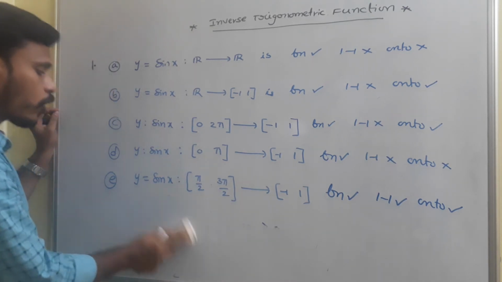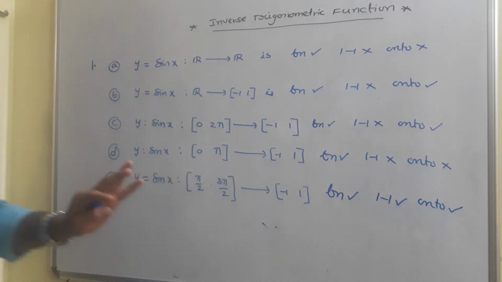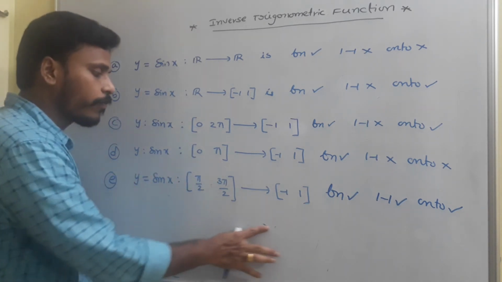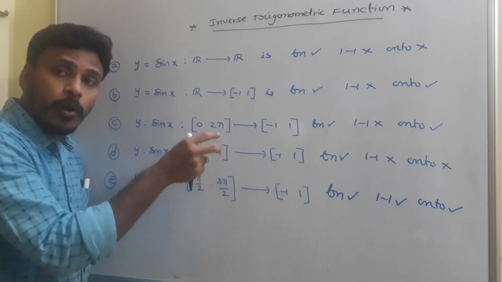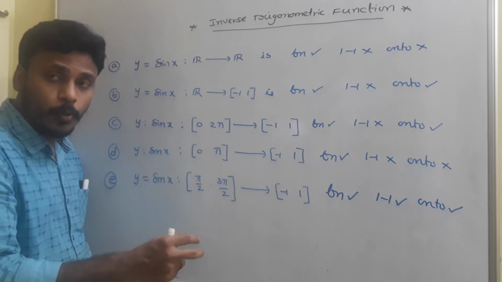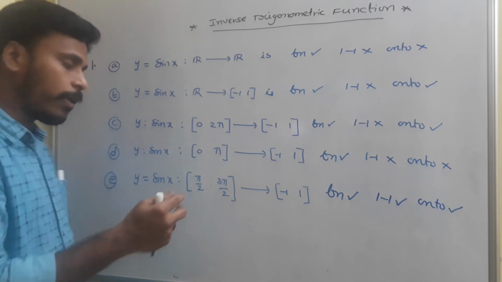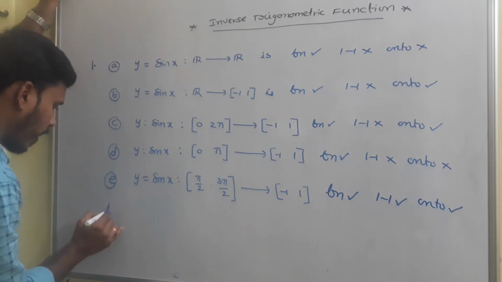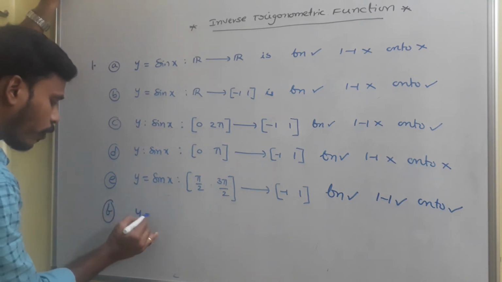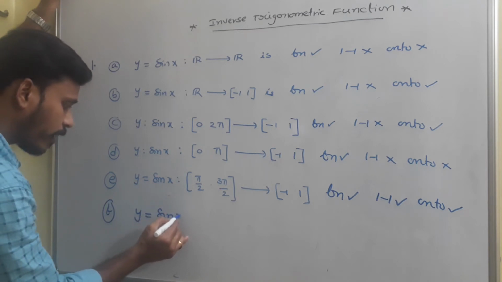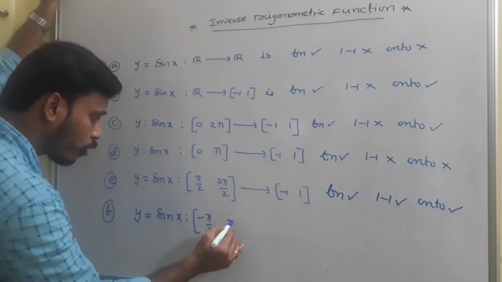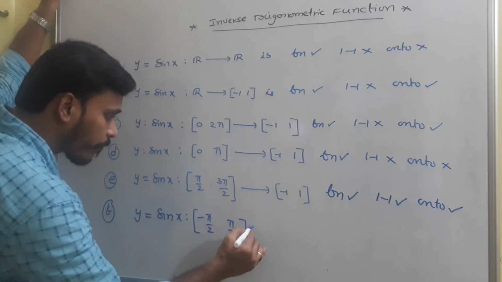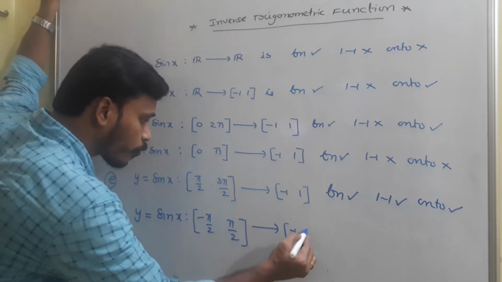Likewise, not only this one function has a bijection. If you reconstruct by considering one positive quadrant and one negative quadrant, we will get many bijections. Among those, another is y is equal to sin x as a function from -pi by 2 to pi by 2 to the interval -1 to 1.